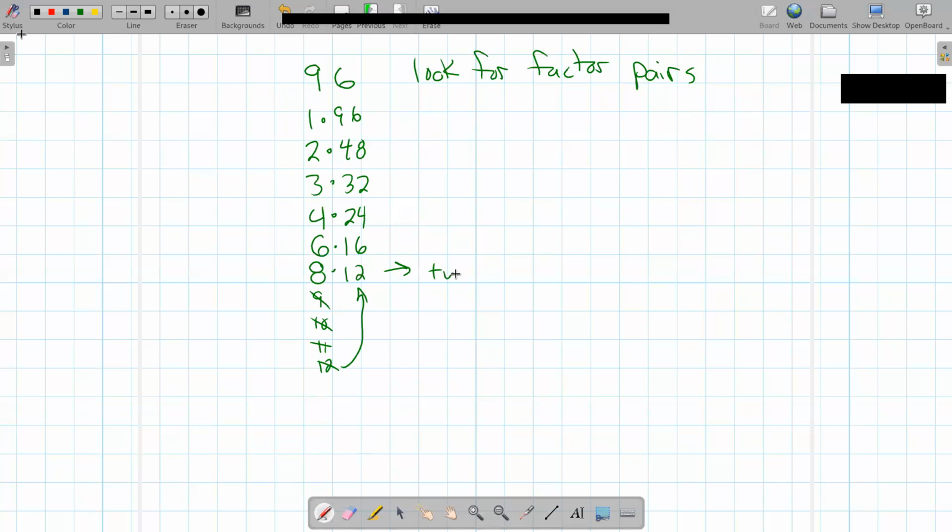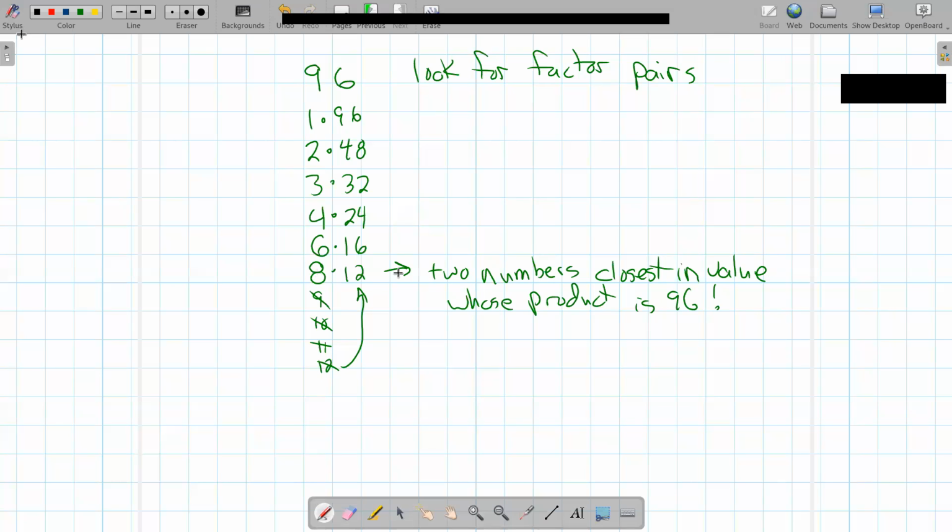So 2 numbers closest in value whose product is 96. Oops, not a question mark, exclamation point. That is a fact.